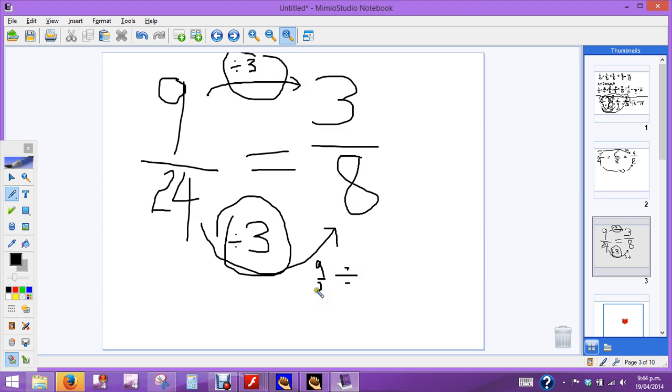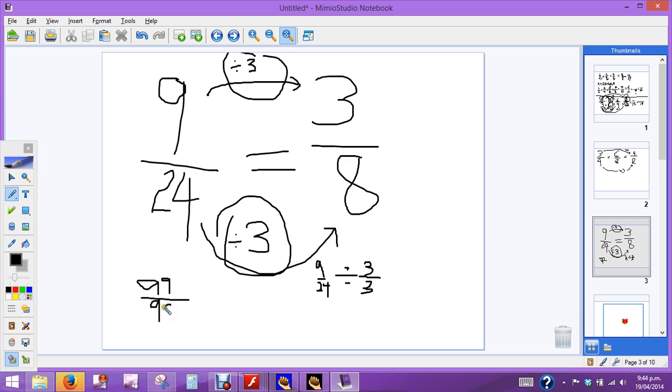And that's the same as dividing 9/24ths by this number here, 3 out of 3. Now anything out of itself, 2 out of 2, 3 out of 3, 4 out of 4, a million out of a million, 99 out of 99 is just one whole.